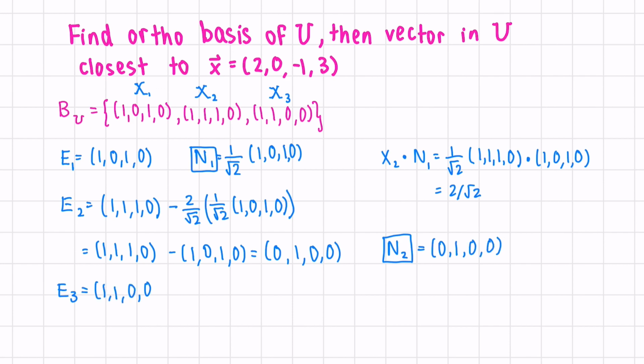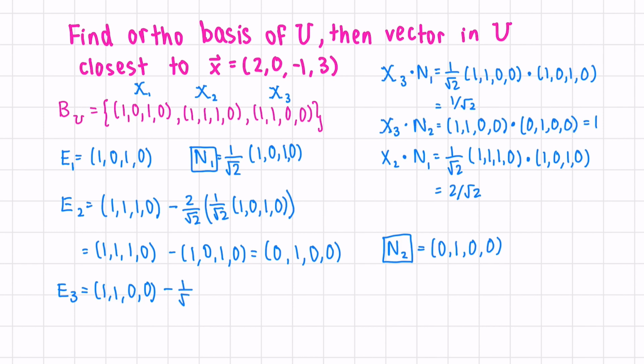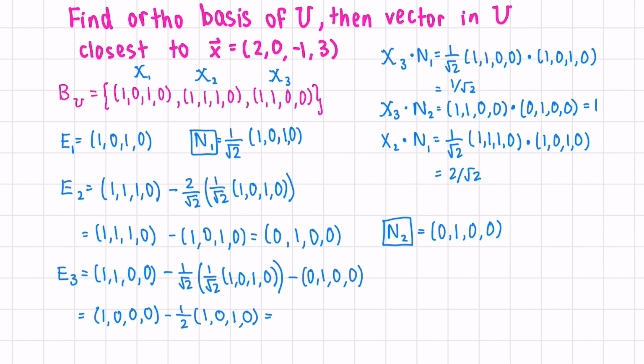E3 would be x3 minus the portion covered by n1 and the portion covered by n2. x3 dot n1, which is 1 over root 2, and x3 dot n2. So we have 1 over root 2 n1 minus 1 n2. E3 will be 1/2, 1, 0, negative 1, 0. And we can normalize that: 1 over root 2, 1, 0, negative 1, 0.